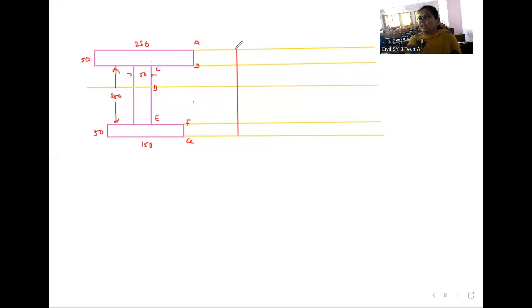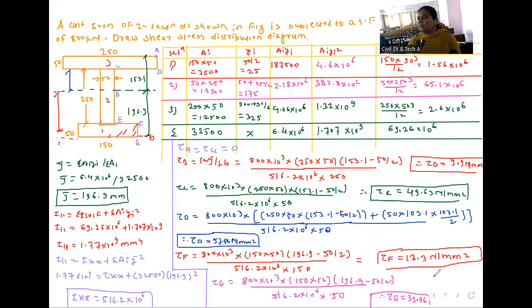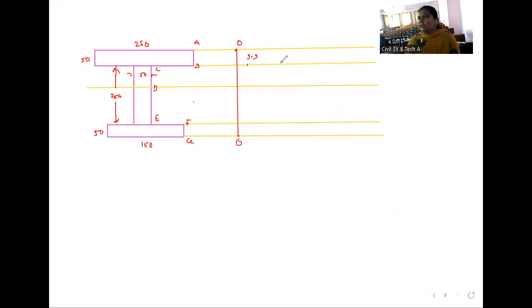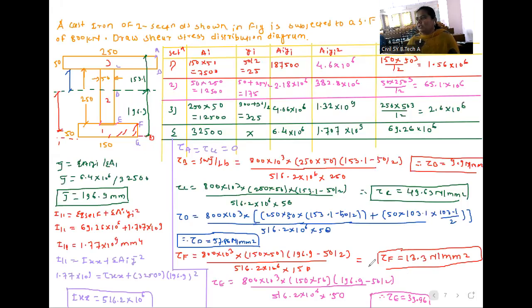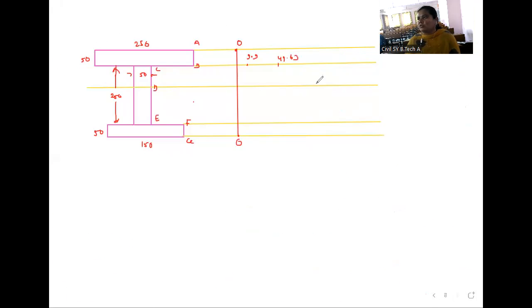So shear stress at A and at G is 0. Stress at B is 9.9. Stress at C is 49.63, so we will write it here. Stress at D is 57.86, so we mark it here.